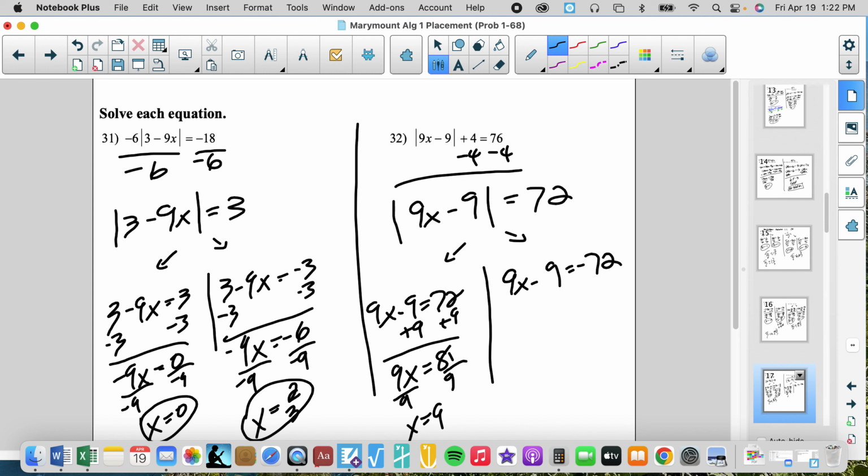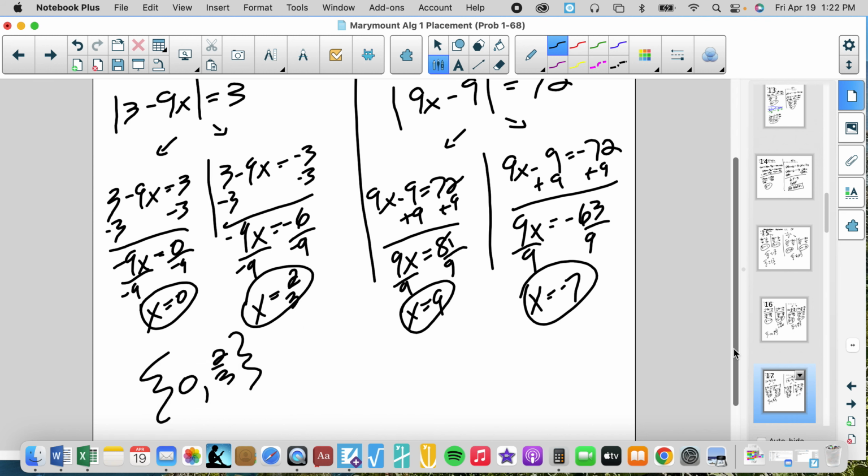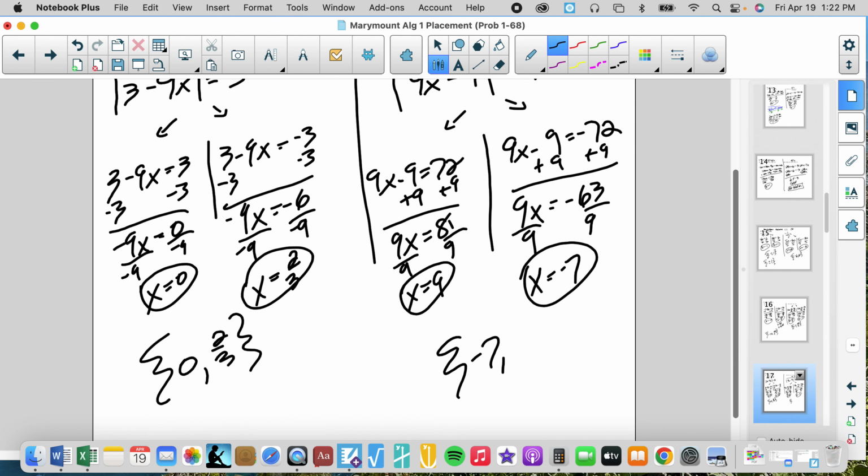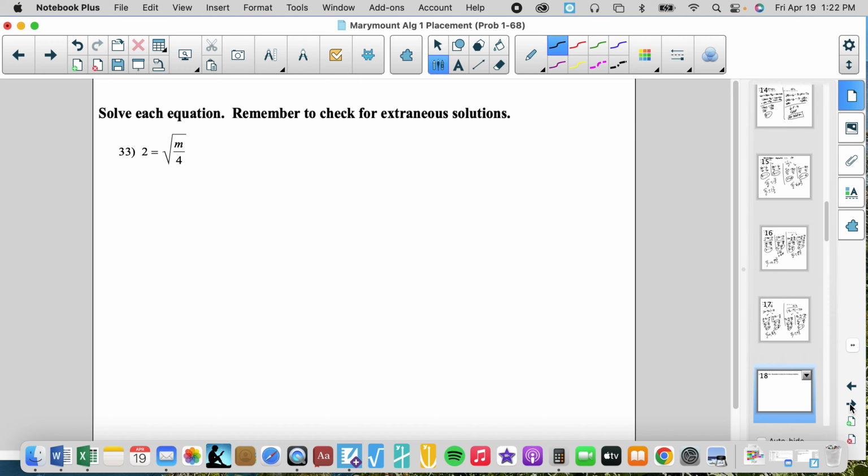X equals 9. Add 9. 9x equals negative 63. Divide by 9, x equals negative 7. Look how fast we can do that. Negative 7, 9 are my two solutions. Yeah, you should be impressed with that. That's what you should be shooting for.